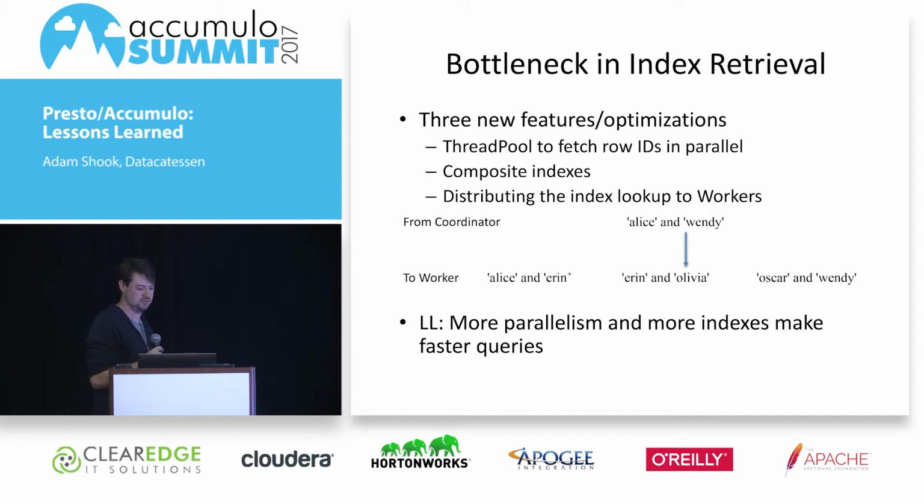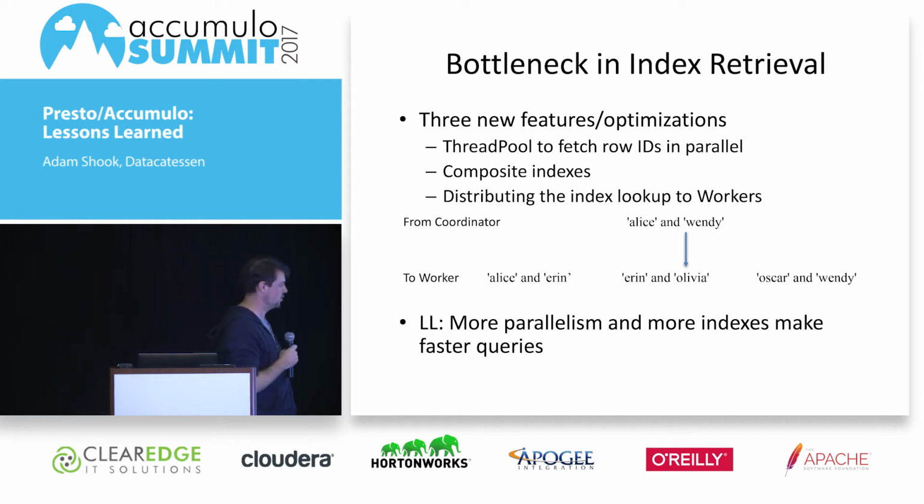And the third one, which is the biggest one, was distributing the index lookup to the actual worker nodes. When you get a query over an index column, and I'm referring to both the regular single column indexes and composite indexes, it will split the range into however many splits it ends up coming out to.